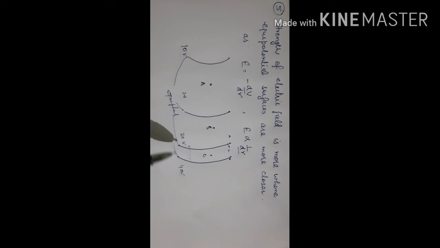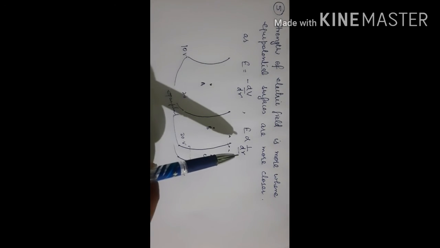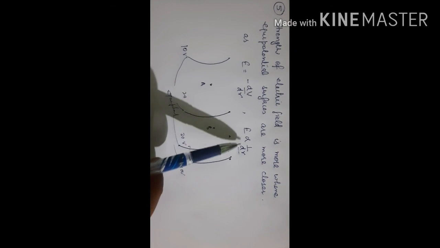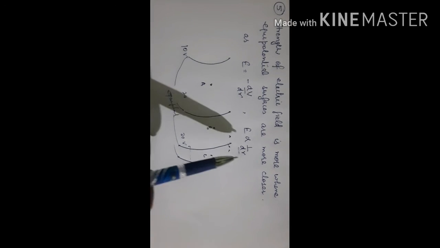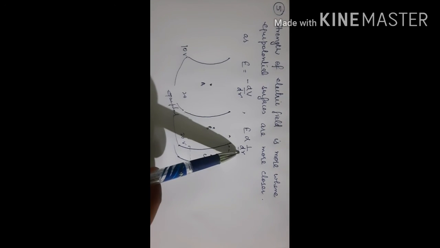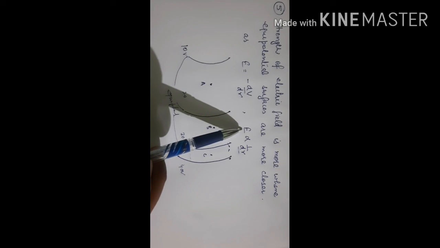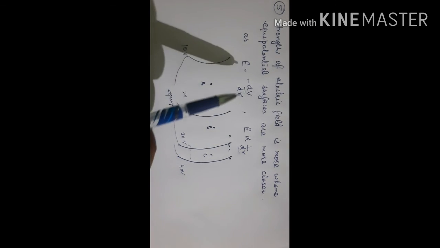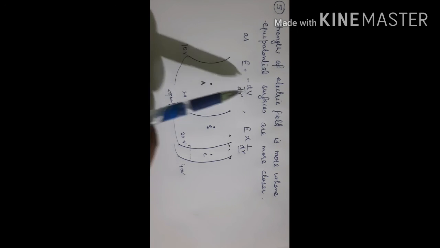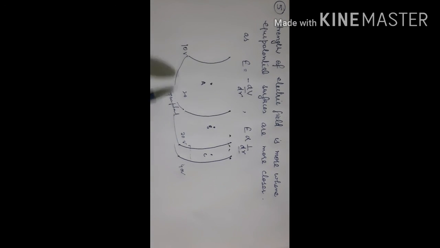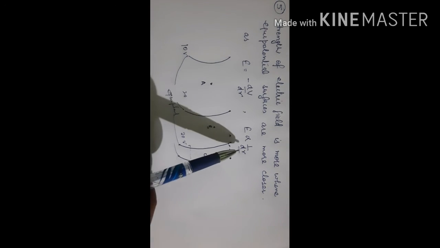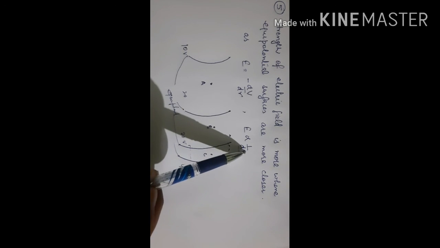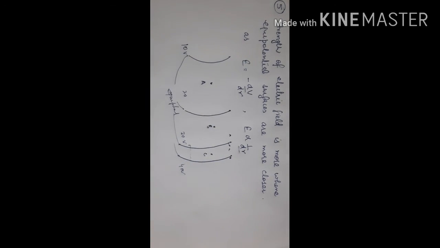Where the distance between the equipotential surfaces is less, there the electric field will be more. If the difference of potential between the surfaces is equal, 10, 10, 10, then where the surfaces are closer, the electric field will be more.